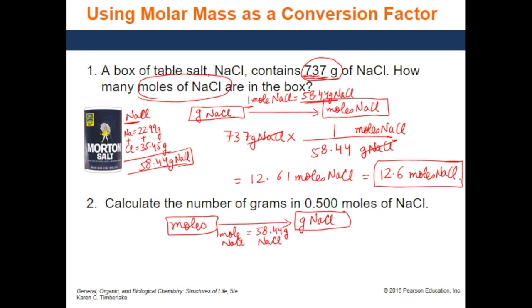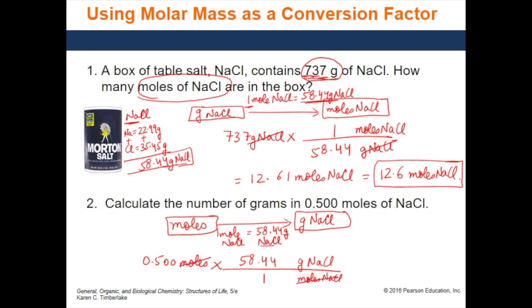Now you start with what's given, which is 0.500 moles. I want to cancel the moles, so I divide by moles of NaCl and multiply by the other side, which is grams of NaCl. Plug in the numbers. Mole is 1, grams is 58.44 grams.